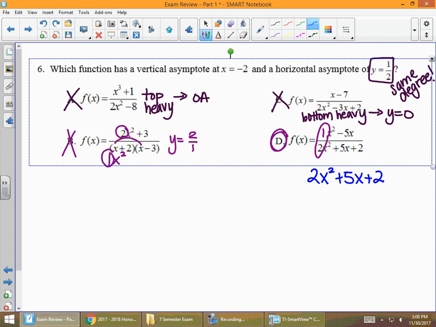Okay, so factoring. 2 times 2 is 4. Two numbers that multiply to 4 and add to 5 are 4 and 1. So 2x squared plus 4x plus 1x plus 2. Cut it in half. I can take out a 2x.